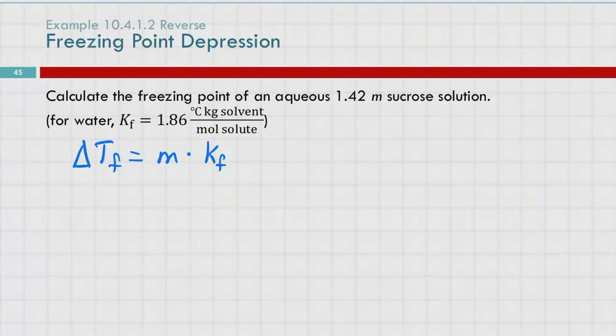We want to calculate the freezing point of an aqueous 1.42 molal sucrose solution. We are given the Kf for water. It's 1.86 degrees Celsius kilogram solvent per mole solute, which looks kind of like crazy units.